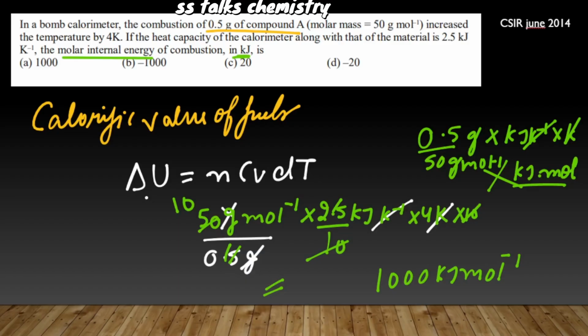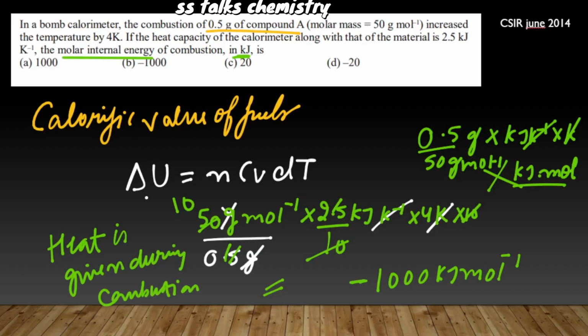Now the heat is given out by the system during the combustion, so it is going to be minus 1000 kilojoules per mole. So option B will be the right answer in this case.